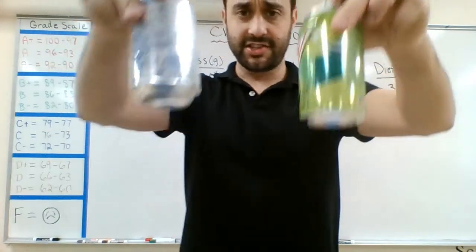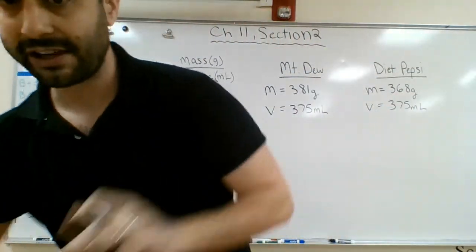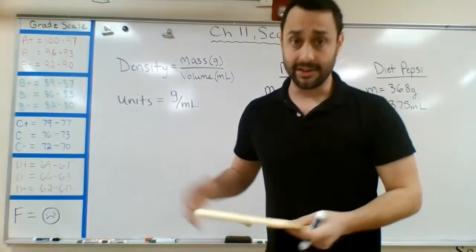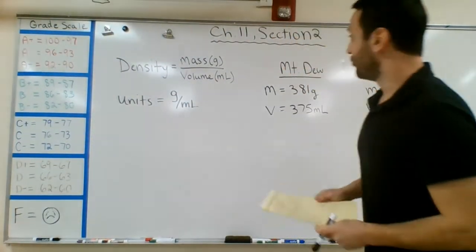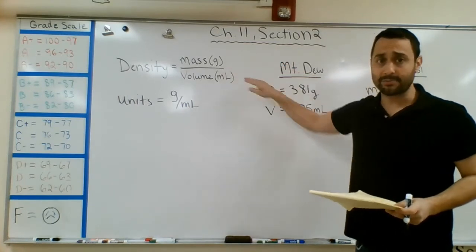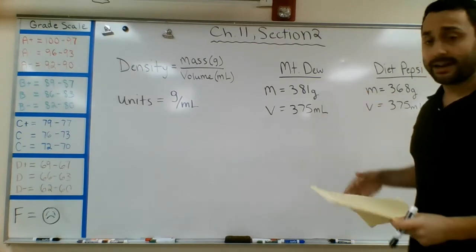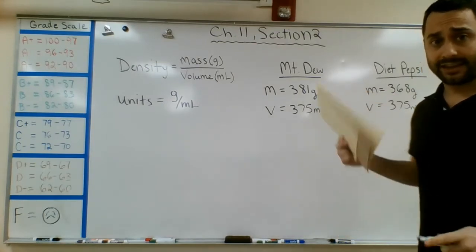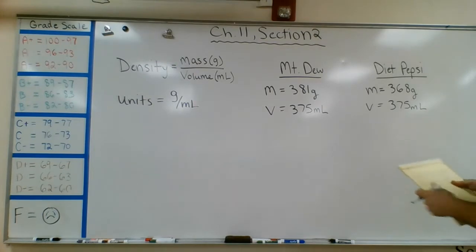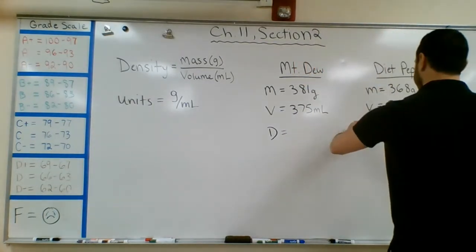The only difference between them is their density. Remember we said that density is determined by dividing the mass by the volume. So see if you can do this on your own. Take the mass, divide by the volume of both these cans of soda, and see if you can determine what the density is.